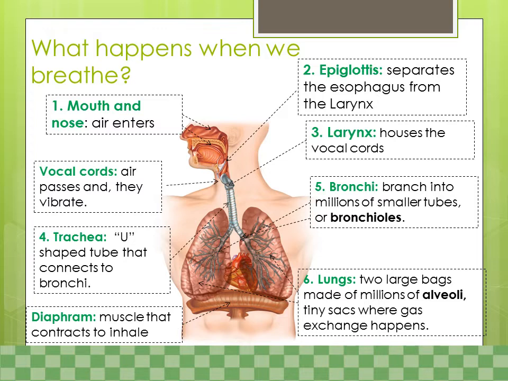Air travels down the larynx and down the trachea. The trachea, you see this tube with little rings, con algunos anillos que parece un tubo de la ducha. That's the trachea. Those are U-shaped rings in a tube that connects to the bronchi.